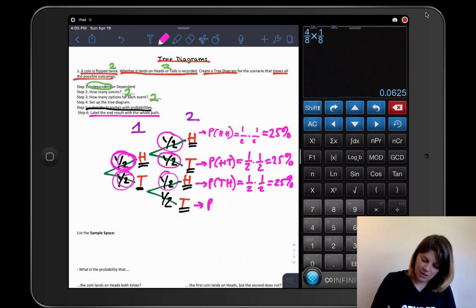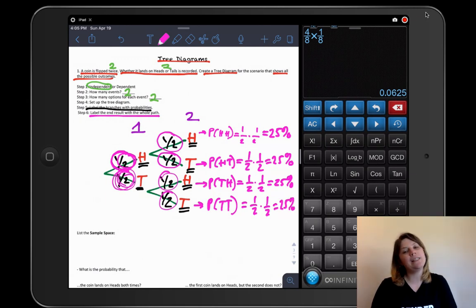And then finally, the probability of tails twice in a row is this 1/2 times this 1/2, which is 25%. Okay, like I said, going through and doing all of these probabilities is not entirely necessary for every single problem.